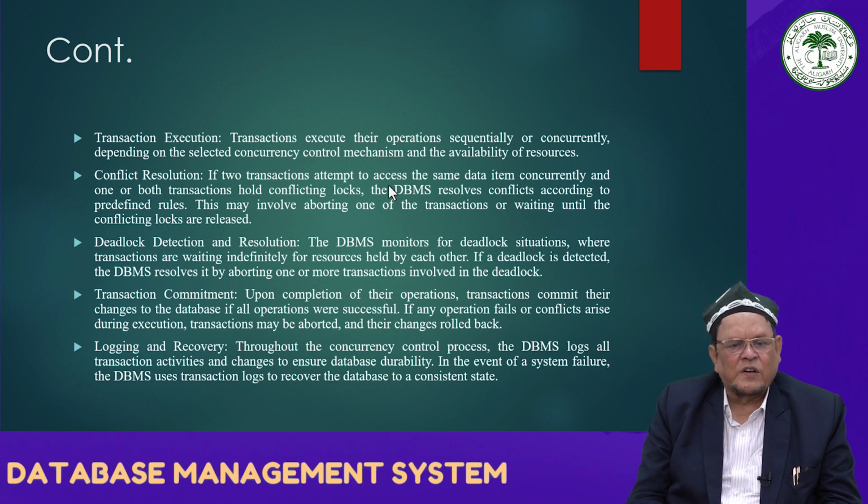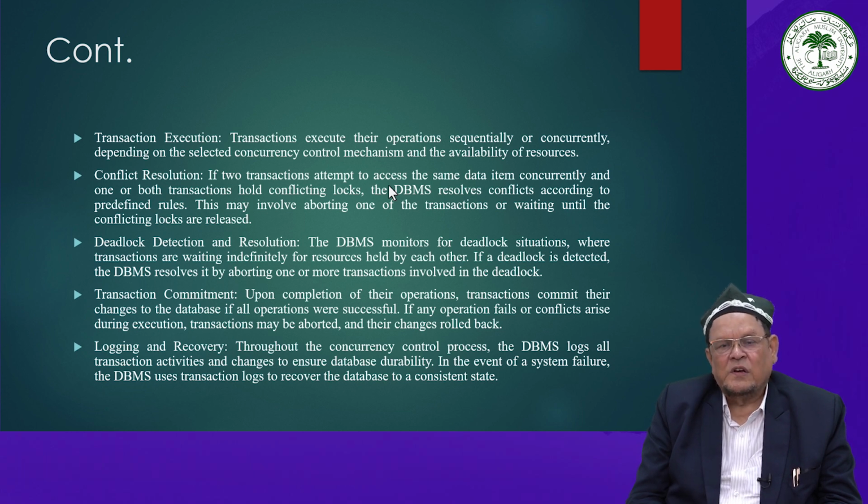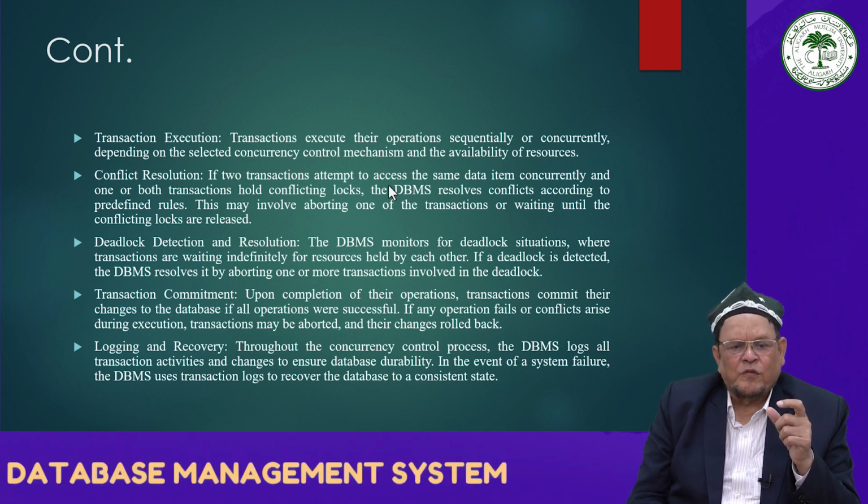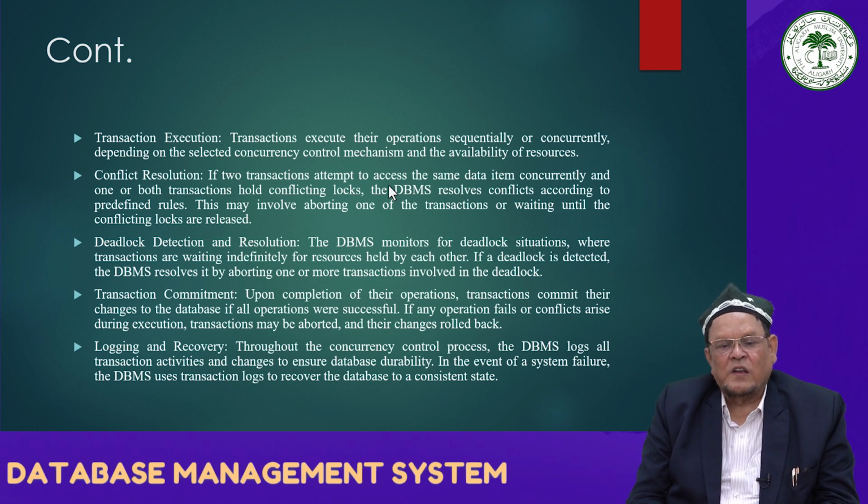Then deadlock detection and resolution. The database management system monitors for deadlock situations where transactions are waiting indefinitely for resources held by each other. If a deadlock is detected, the database management system resolves it by aborting one or more of the transactions involved in the deadlock. And the next step is transaction commitment.